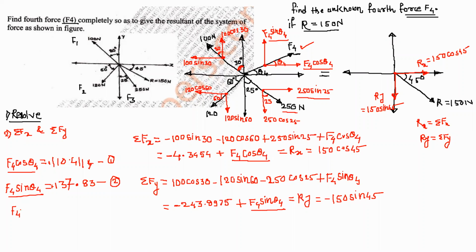So I can directly write down the formula for F4, which is equal to, just take this value, that is x component, square plus, it is just a Pythagoras, 137.83 square.